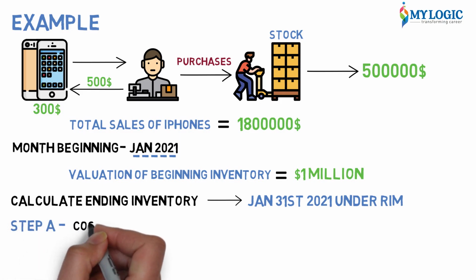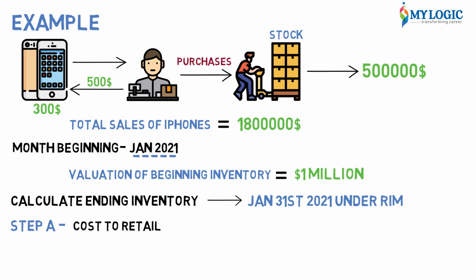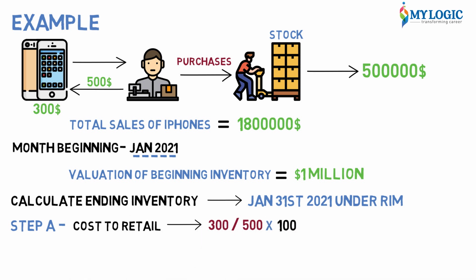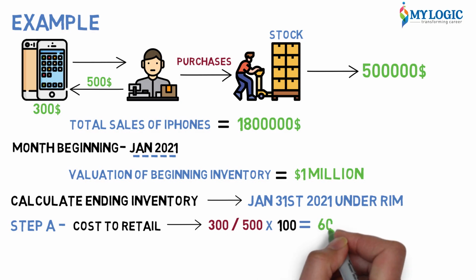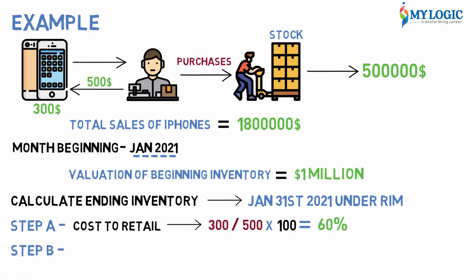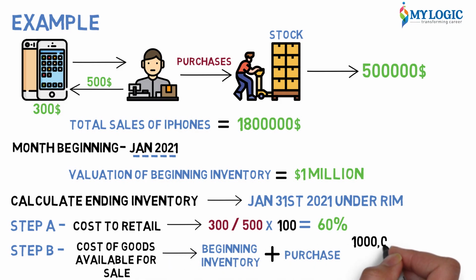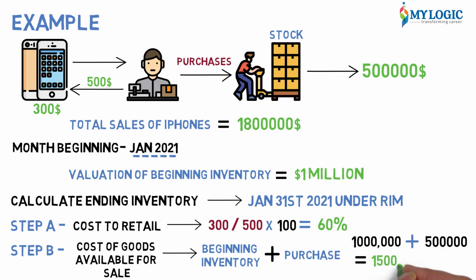Step A. Cost to retail is equal to 300 divided by 500 multiplied by 100, which is 60%. Step B. Cost of goods available for sale is equal to beginning inventory plus purchases, that is 1 million plus 500,000, which is 1.5 million.